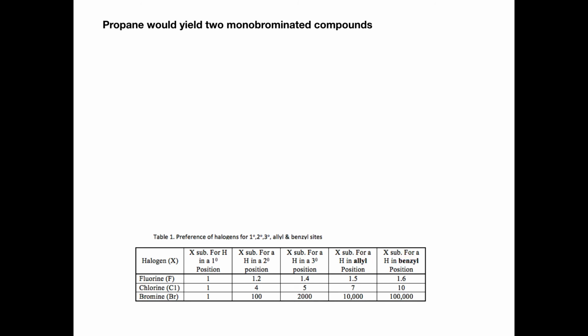We didn't have time to go over it, but it won't be important for the quiz or further. But just know that a benzyl group is basically a six-membered ring, right? And then it has a CH2 here with a radical, and so that would be a benzyl radical. And then an allylic group is where you have a carbon-carbon double bond.